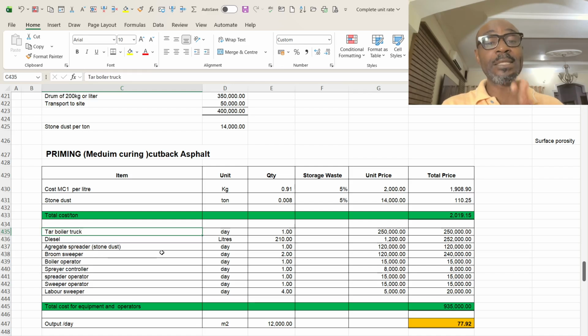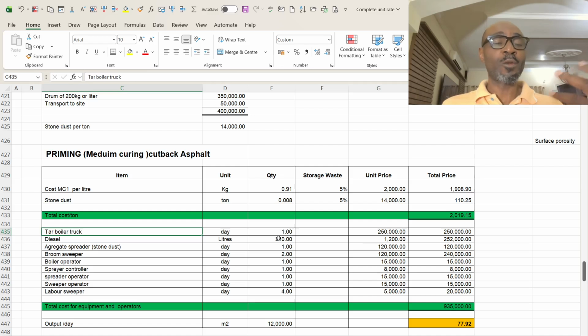In this case, I am assuming that the tar boiler I'm going to use has a hose and a manual, hand-held nozzle. That is why I made provision for a sprayer and an operator. The operator is the person that will drive the tank that boils the MC1 to that certain degree, while the sprayer is the person at the back of the truck holding the nozzle and spreading it over the surface of the base course.